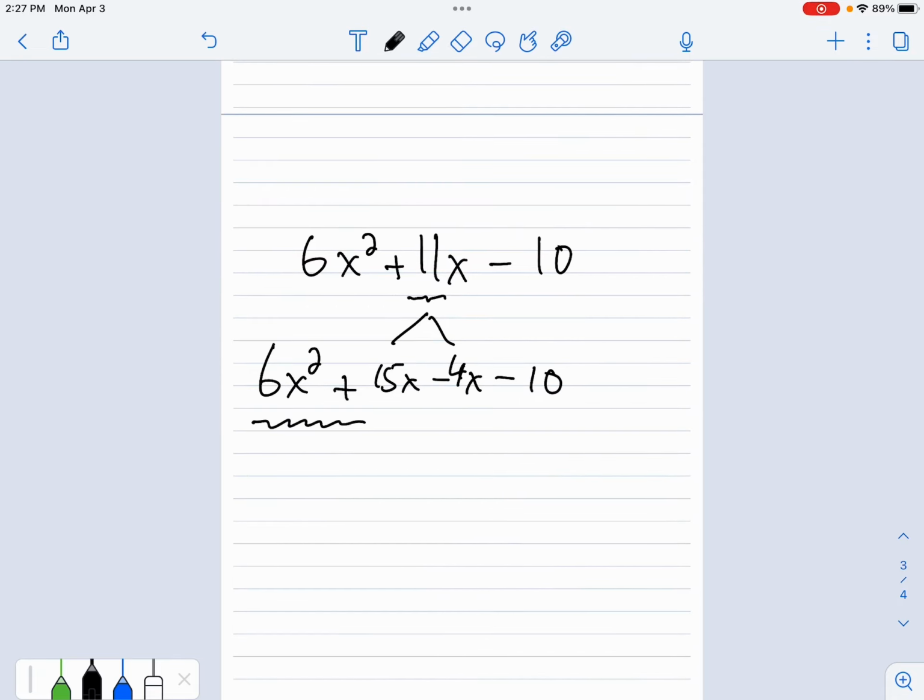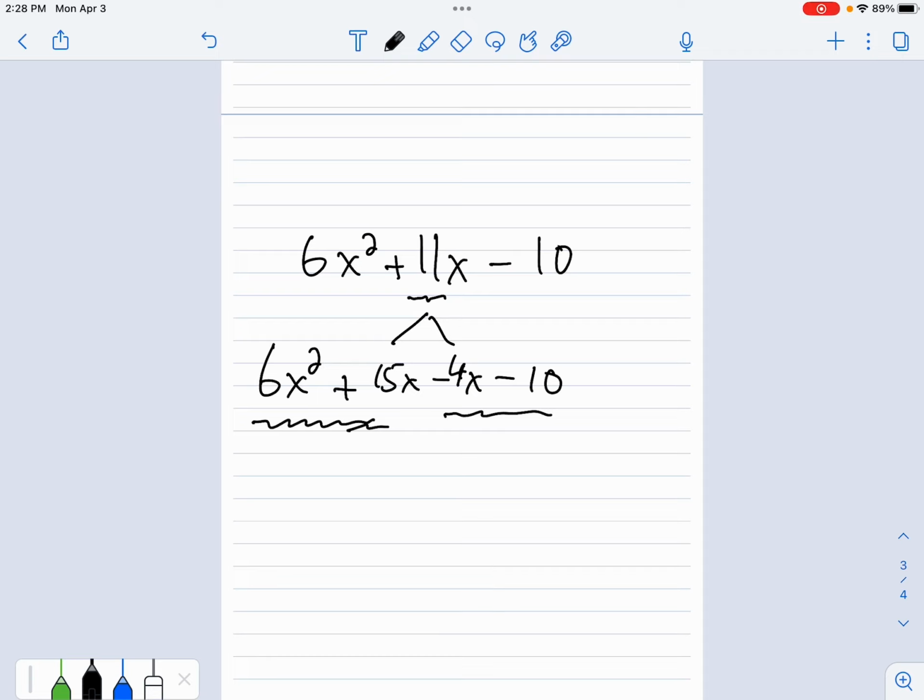What we're going to do now is what we call factor by grouping. The middle part, the 11x, we rewrite with the two numbers we found, 15x and minus 4x. Then we group the first two terms together and the last two terms together.